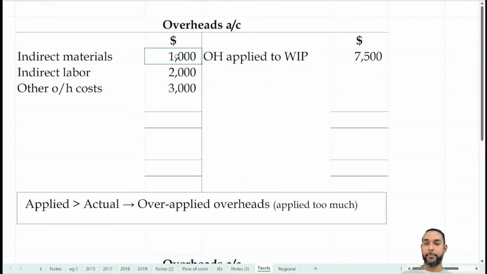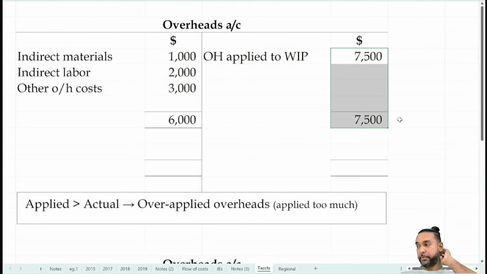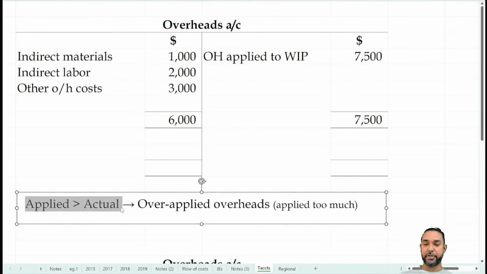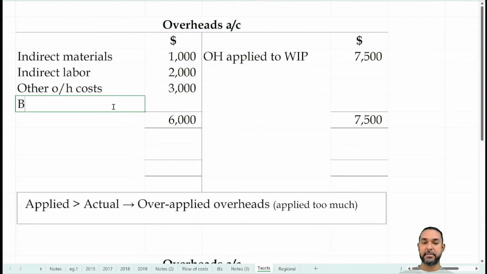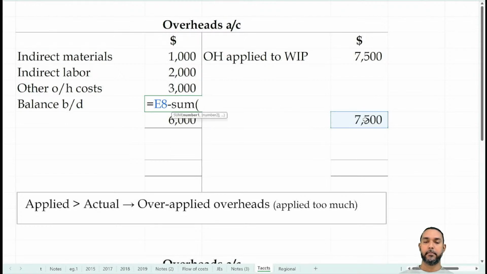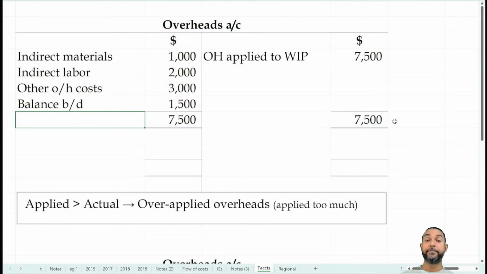Now, if we add up 1, 2, and 3, you get 6,000. So your debit side total for actual overheads is 6,000, but we've actually applied 7,500. As you can see down here, applied is greater than actual, so we have an over application of overheads. There's a balance left in the account of 1,500.